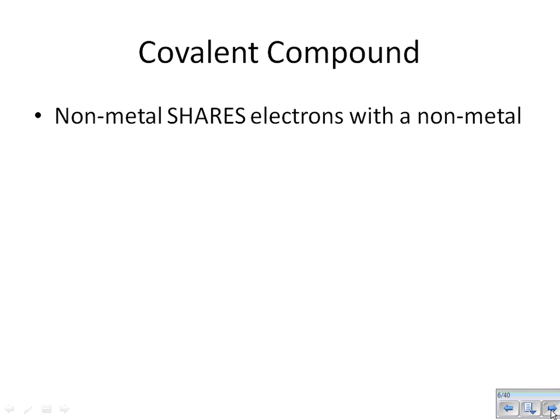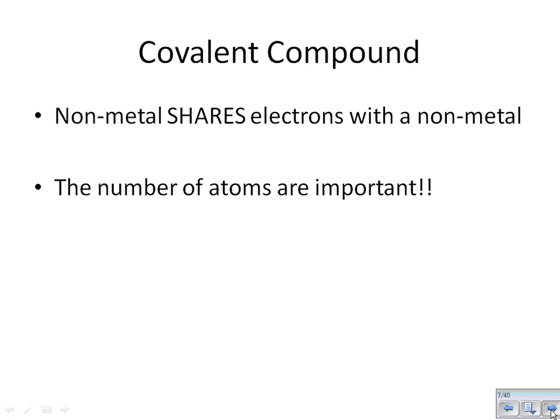A covalent compound is when a nonmetal shares electrons with a nonmetal. In the instance of naming covalent compounds, we are going to pay particular attention to the number of atoms in the compound.